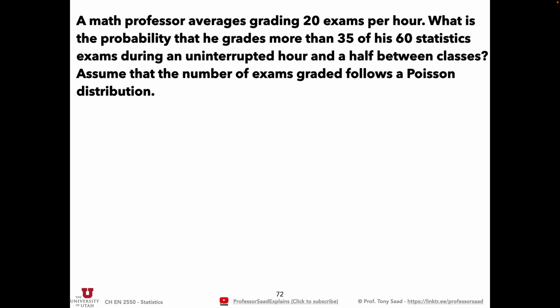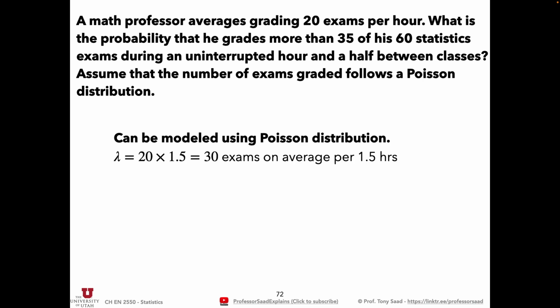That's your lambda. On average, he will grade 30 exams in that interval of 1.5 hours. And then what's the probability that he grades more than 35 of his 60 statistics exams? So x greater than 35, right?